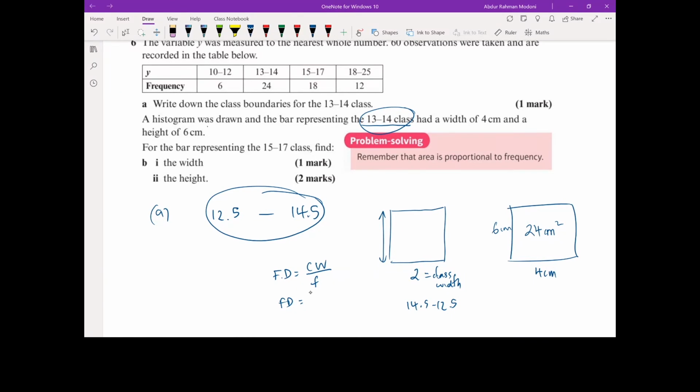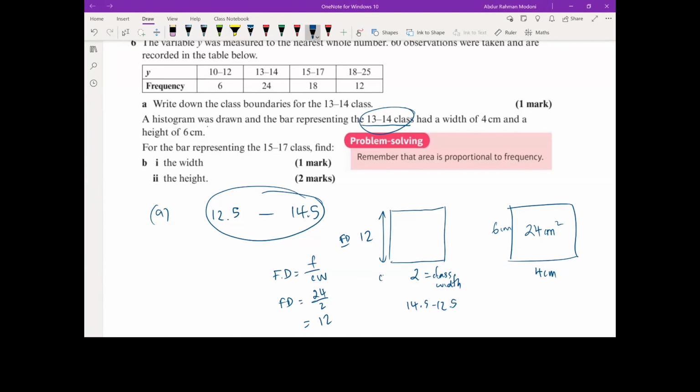It's frequency divided by class width. So its frequency here, which we know for this one is 24, divided by its class width, which we know to be 2. So that gives us a frequency density of 12.